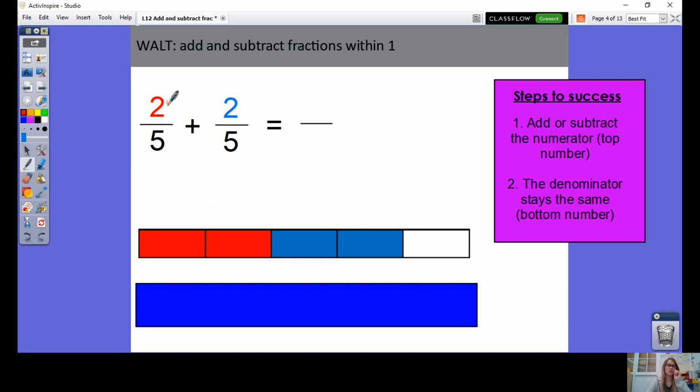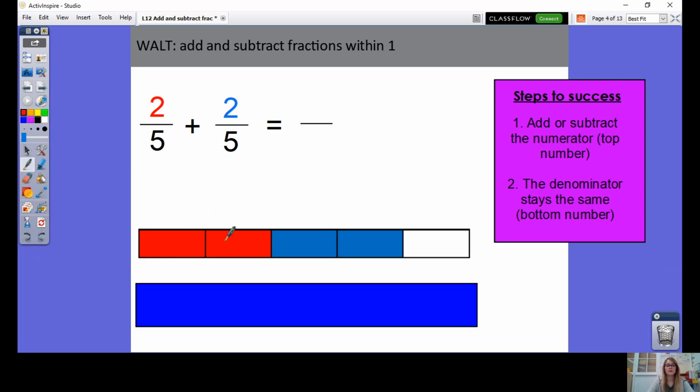So my first question is 2/5 plus 2/5. Now I've color coded that so you can see on our bar model how I've represented it. So I have 1, 2, 3, 4, 5 parts in total on my bar model because 5 is the denominator, telling me how many parts there are. So I'm adding 2/5 and another 2/5.